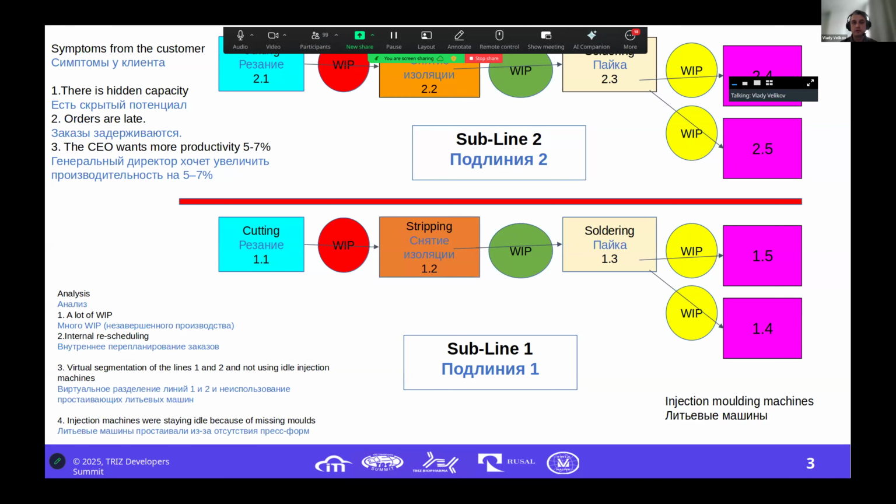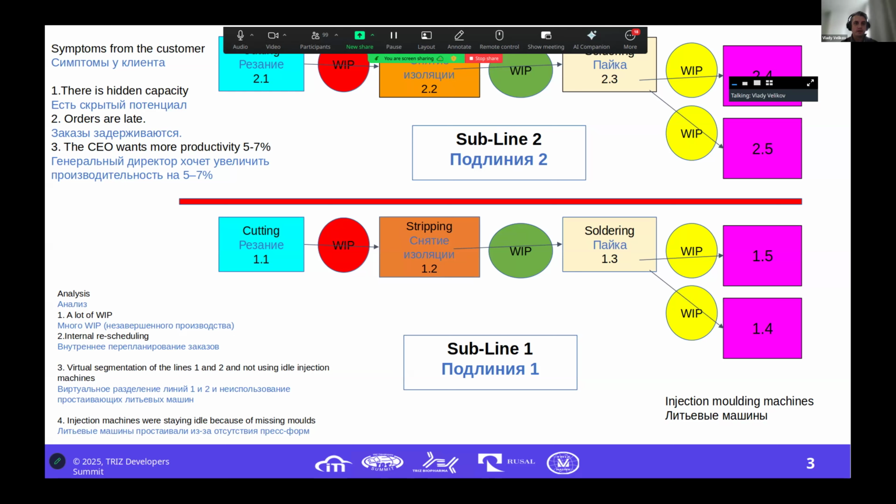The line was slow. And the second symptom which they claimed was that their orders are late and the customers are angry. The third was that the CEO wants more productivity from this line. He said that 5 to 7% would be pretty enough.